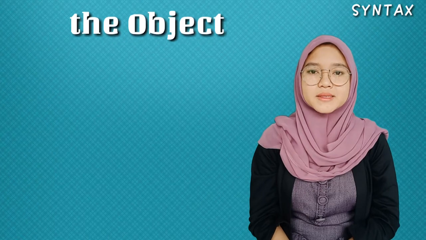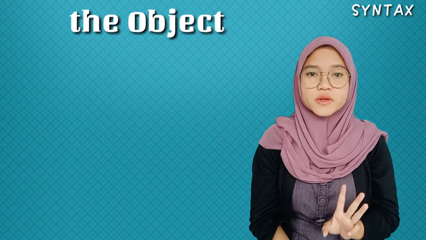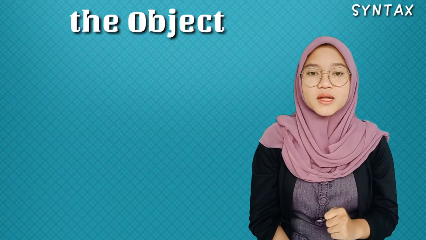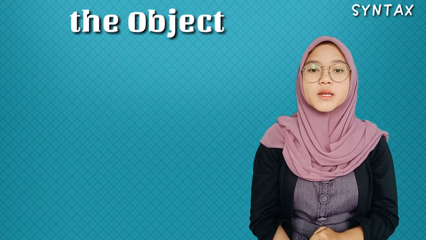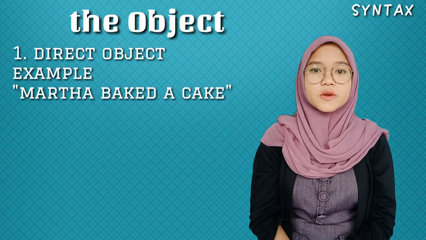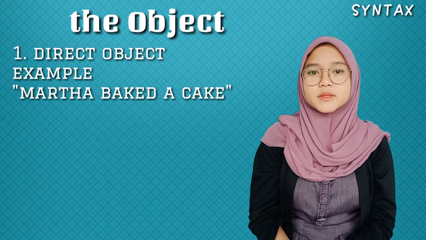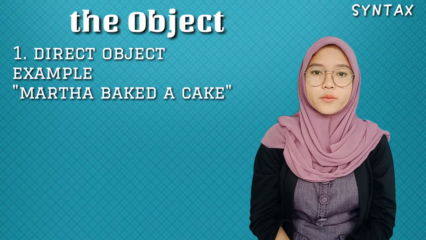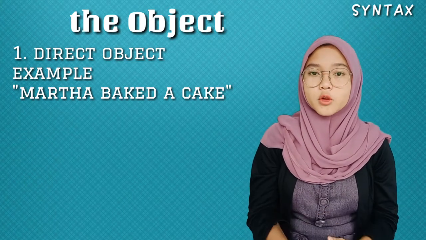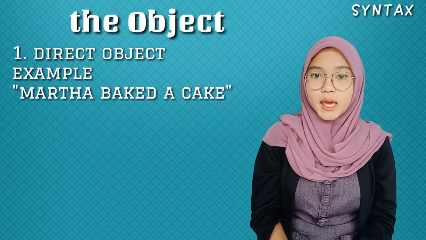The next is object. The object is divided into three parts again. Number one is the direct object. In active declarative clauses, the direct object comes after the main verb. For example, Martha baked a cake.